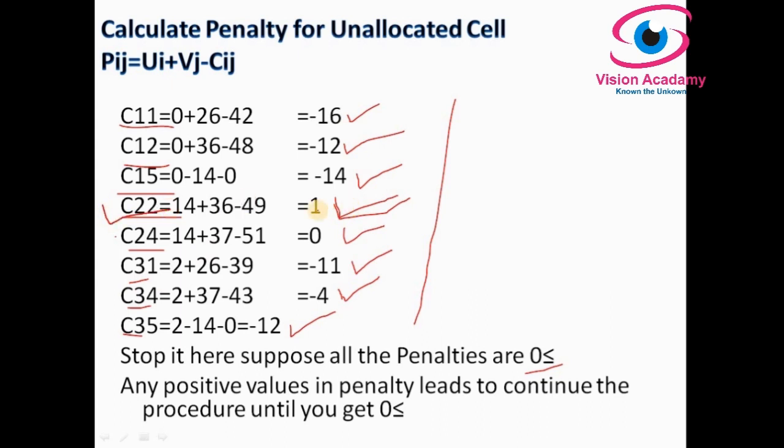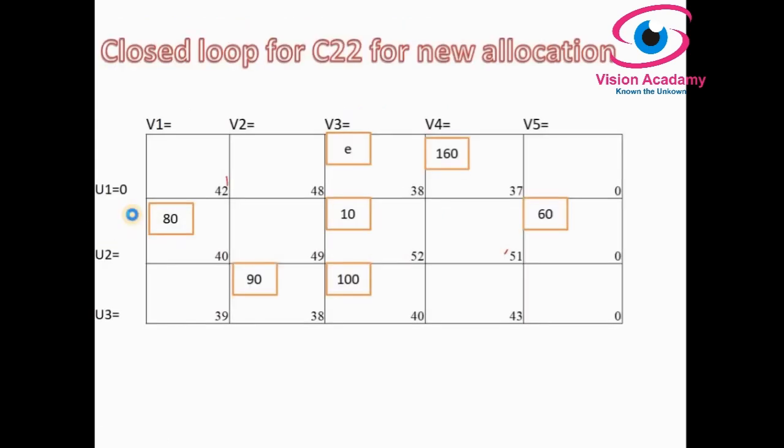Now let us form a new loop, and after forming the loop, let us make a new allocation. So from C22, we need to form a loop. Let us see the possible ways to form a loop.